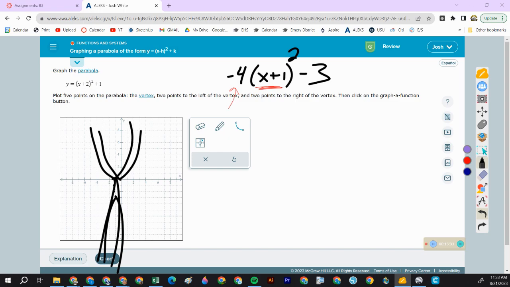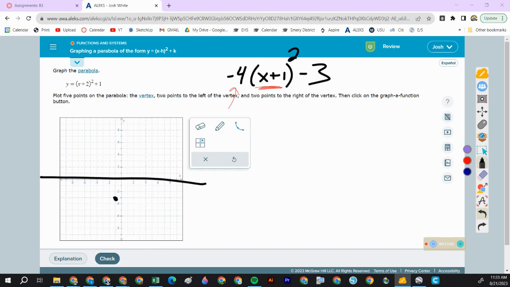If you do it in the wrong order, if you go down 3 and then we reflect across the x-axis, then we're going to get this, which is wrong. So the order of the transformation does matter. You start on the inside and then work your way out.